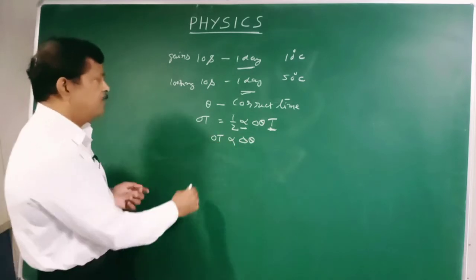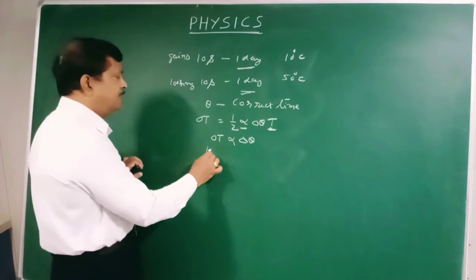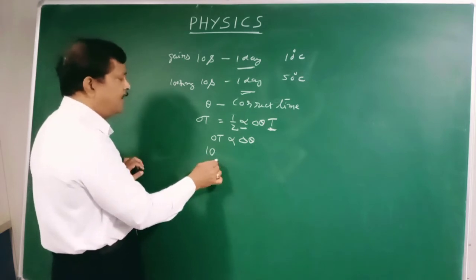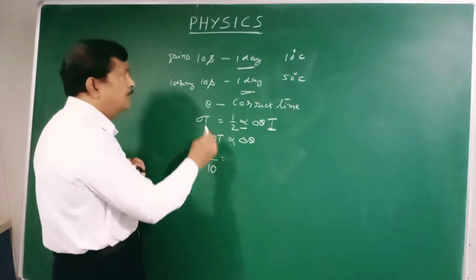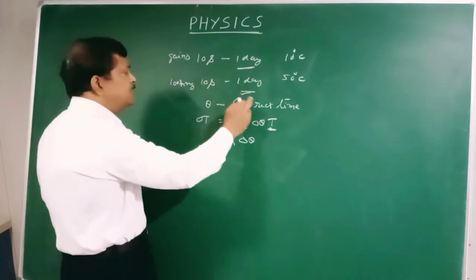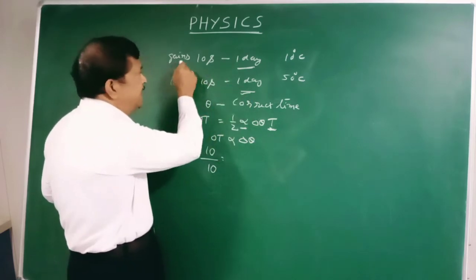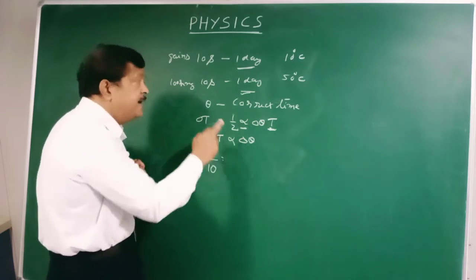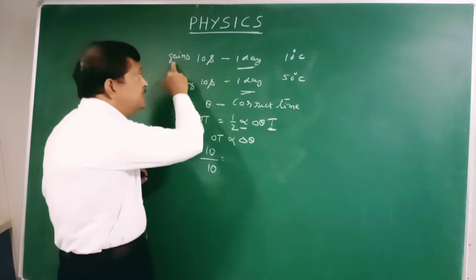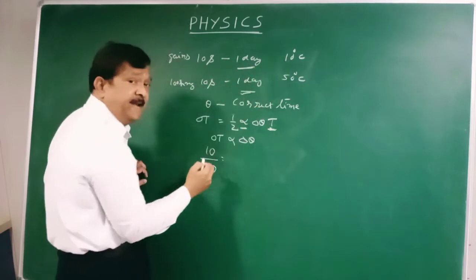Let us apply now. What is delta t? 10 seconds of time here and again 10 seconds of time also. But what does this delta t correspond to? Initially it is gaining 10 seconds. So the change in temperature is: it is giving correct time at temperature theta but gaining 10 seconds at temperature 10 degrees centigrade.